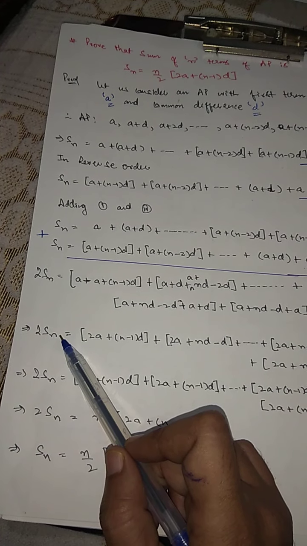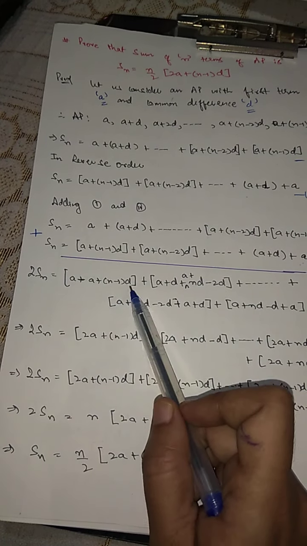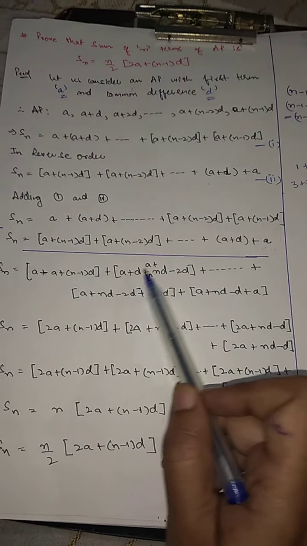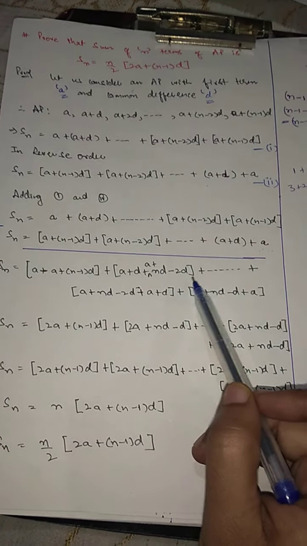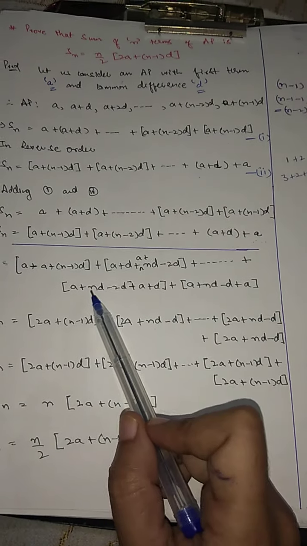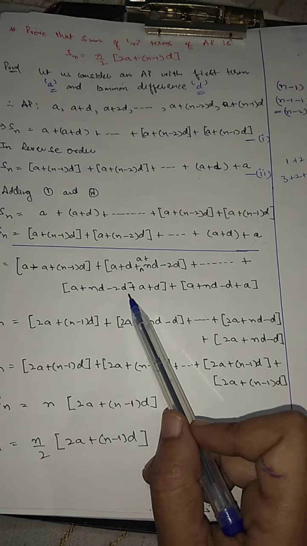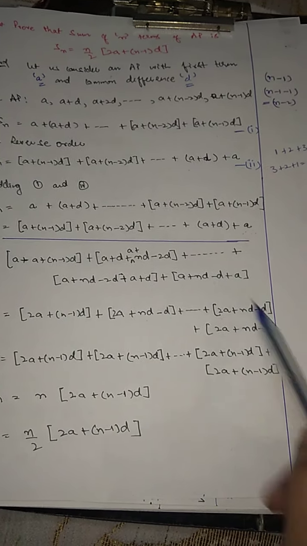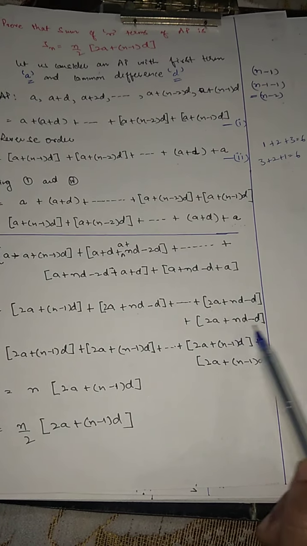Here a plus a is 2a, and minus d. Again a plus a, 2a, plus d minus 2d gives us d plus nd minus 2d, so again we get 2a plus nd minus d.